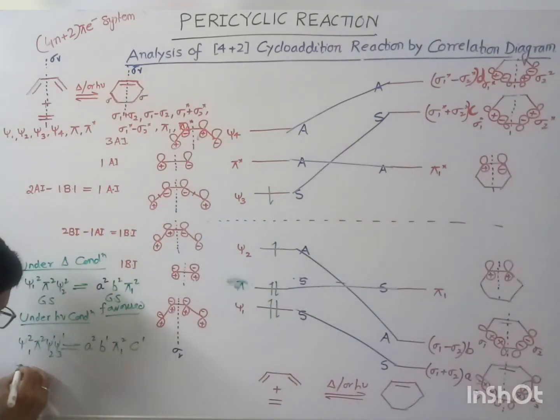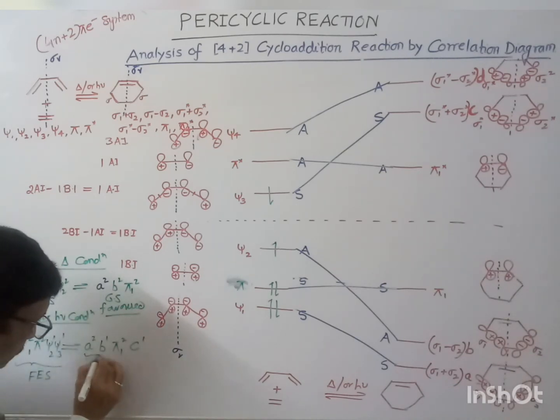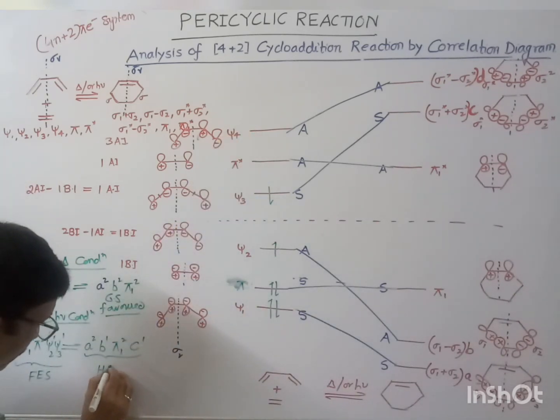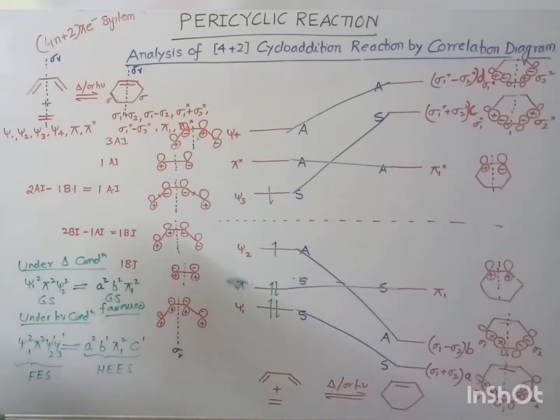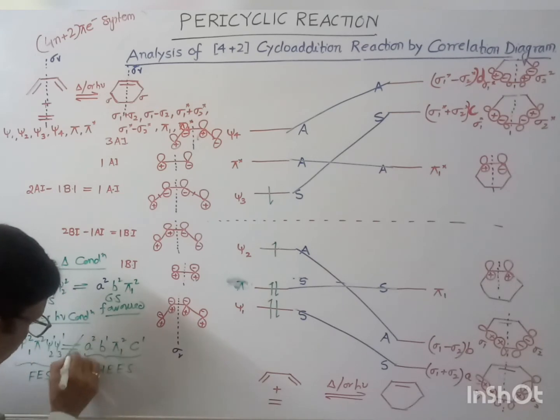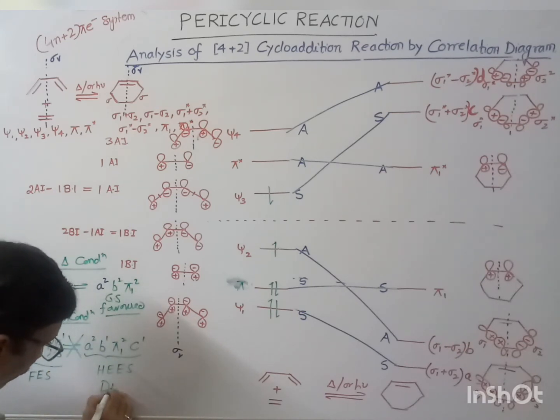So here these correspond to this first excited state, whereas these molecular orbitals correspond to the higher energy excited state. So this transfer of this electron is energetically not favorable, so that's why this is disallowed. So this is disfavored, whereas that one is favored.